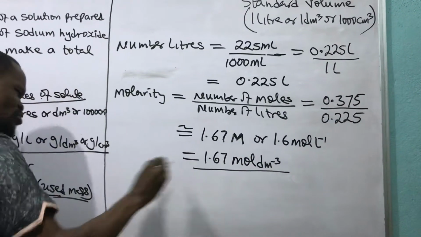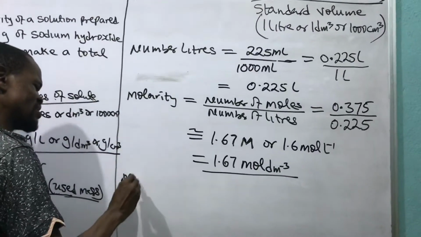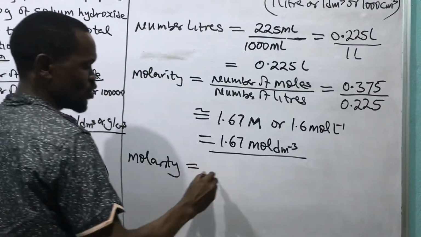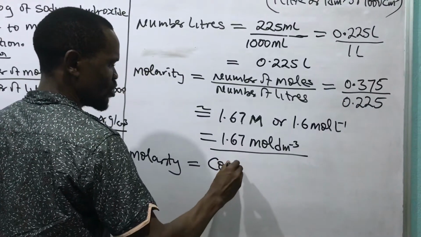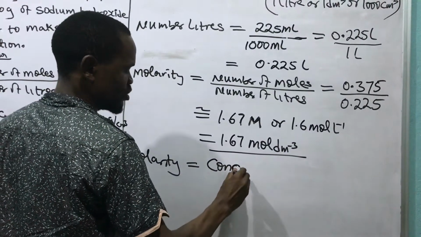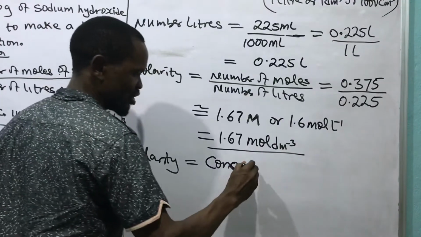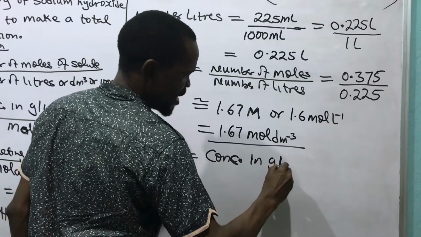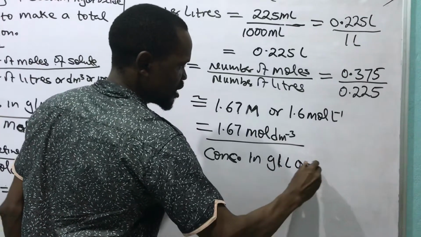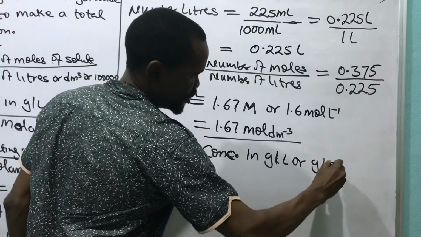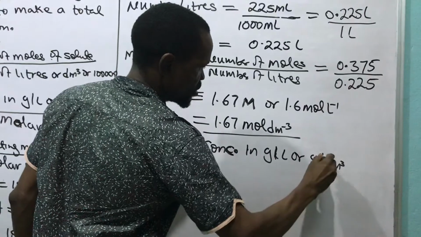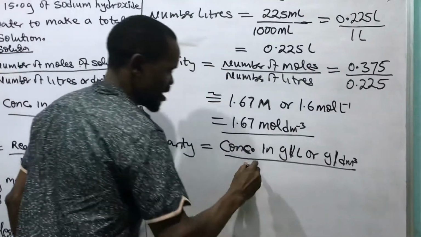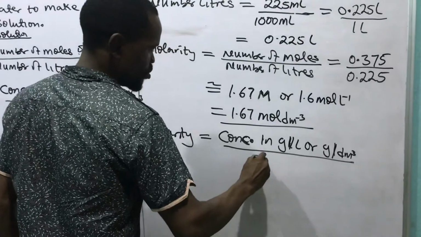I said the other one says molarity, quick, without wasting time, molarity is equal to concentration, this is short form of concentration in gram per liter or gram per dm cube, over molar mass.